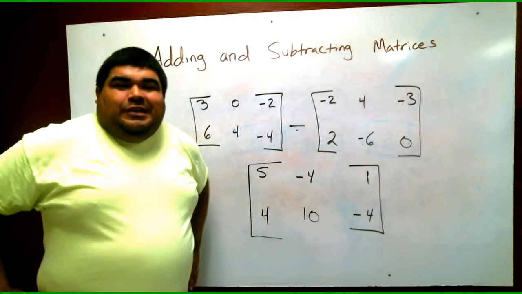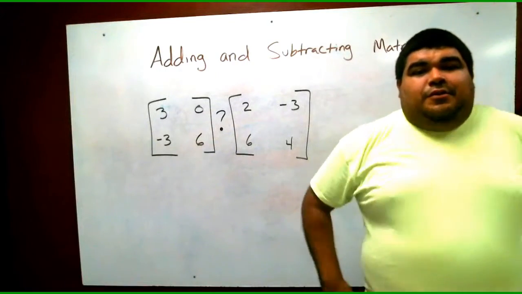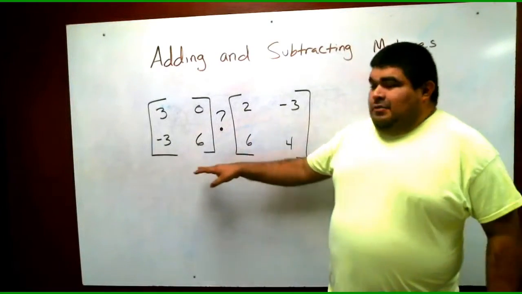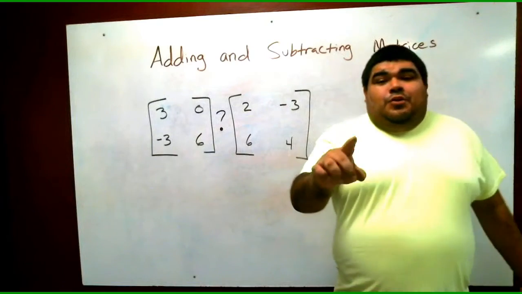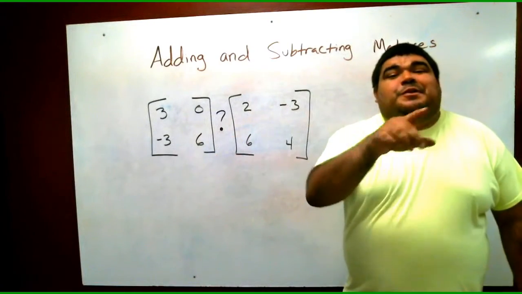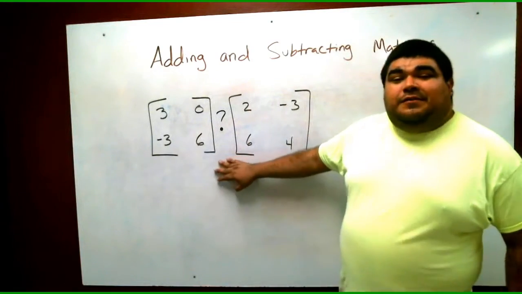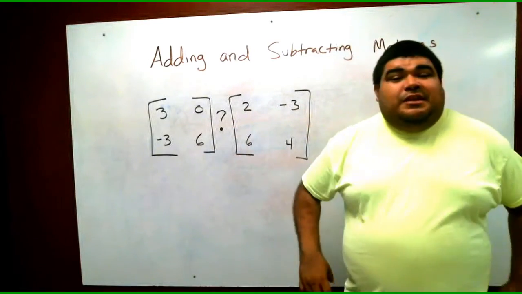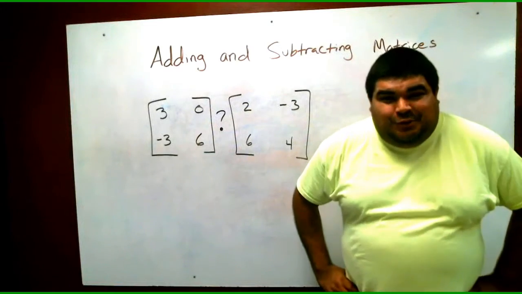Are you ready for your assignment? All right guys, so your assignment for today is, you have 2 matrices up here. Notice that it has a question mark in the middle. This is because you're going to give me both answers. Give me the positive answer, the plus sign, and then the minus sign for these matrices. But that's not all you guys are doing.